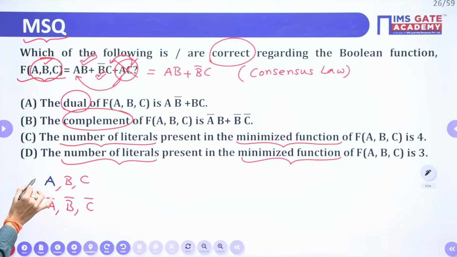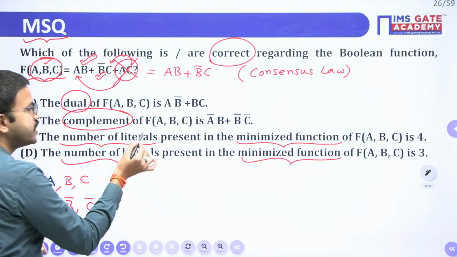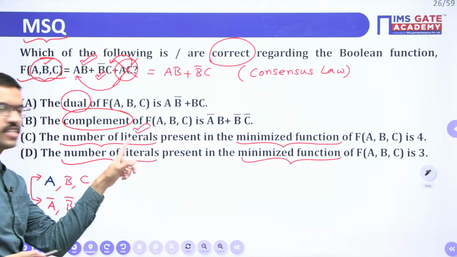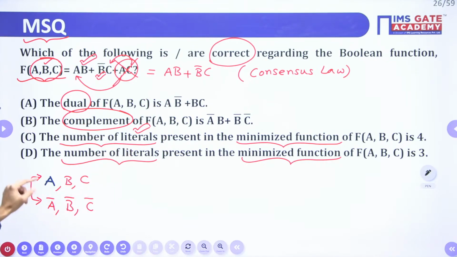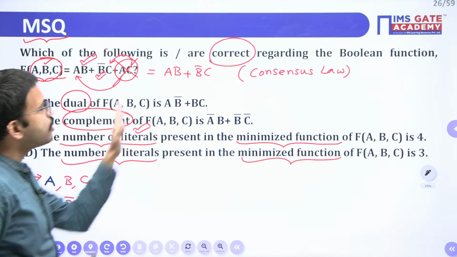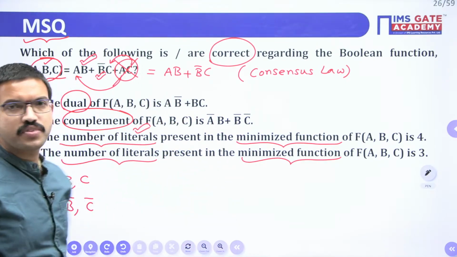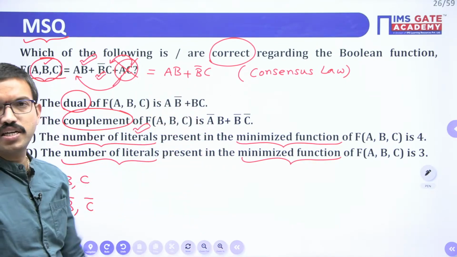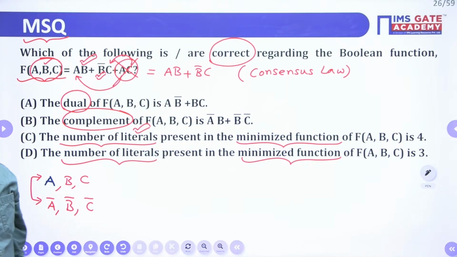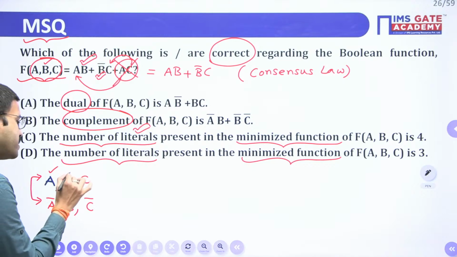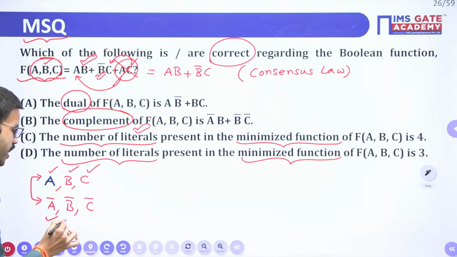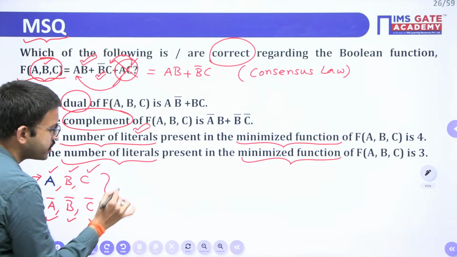So whenever you have a variable either in normal form or in its complement form, for the generalized case, we call it a literal. A literal is nothing but the variable either in its normal form or in its complement form, right? So now just count how many literals you have in this particular function. Here the literals are A, B, C. Similarly, A', B', C', all these are literals.